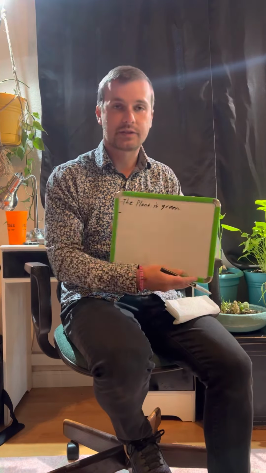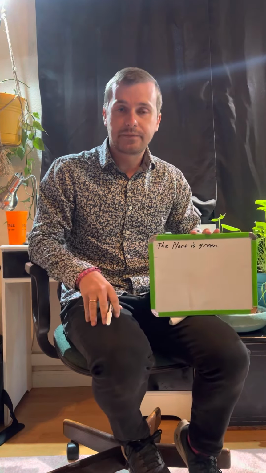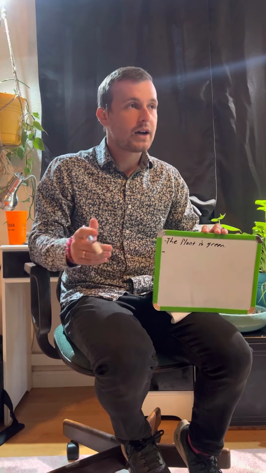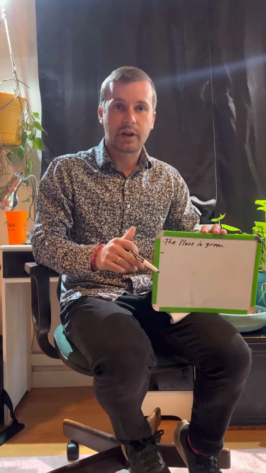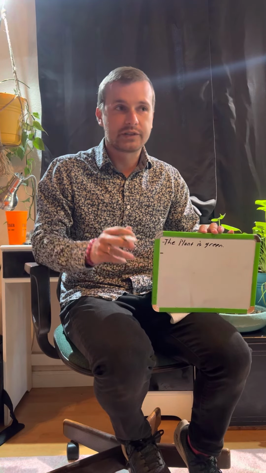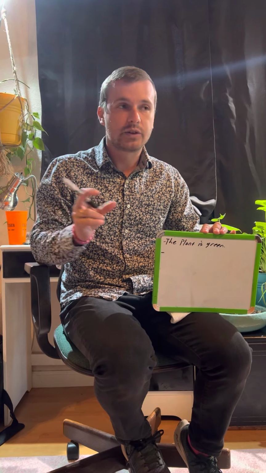Now, the easiest way to expand a simple sentence, the plant is green, to a more complex sentence is to add descriptors, okay? So if you have a certain kind of sentence, you could use an adverb, right? So if we remember what an adverb is, changing your verb, right?